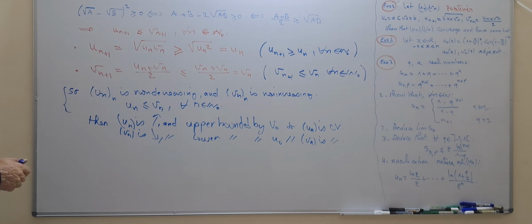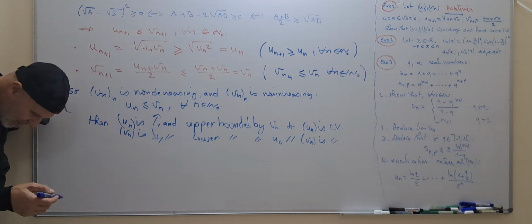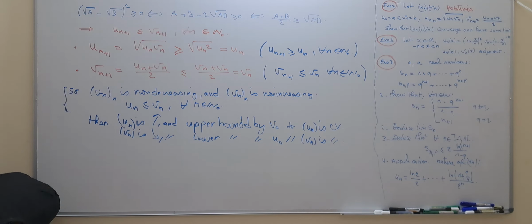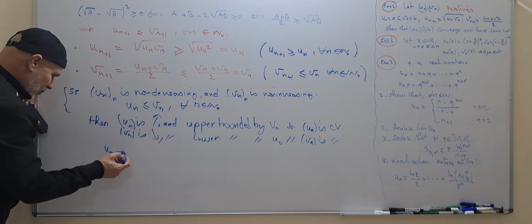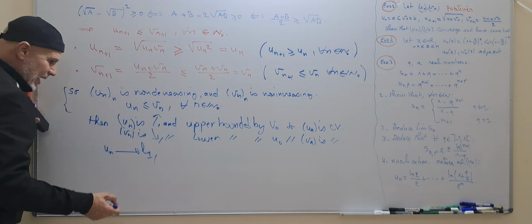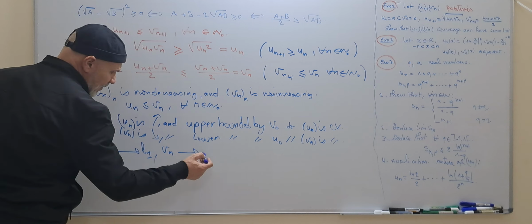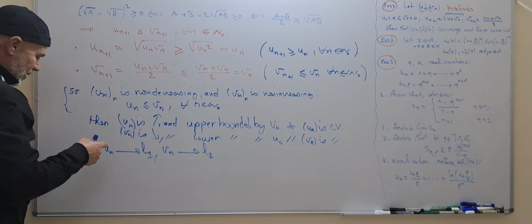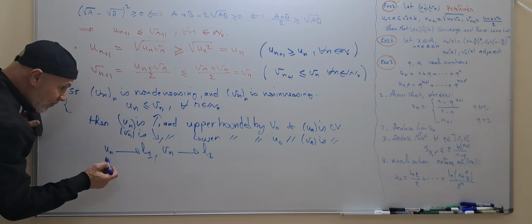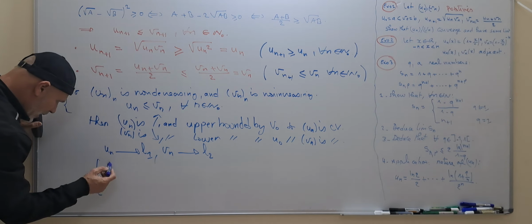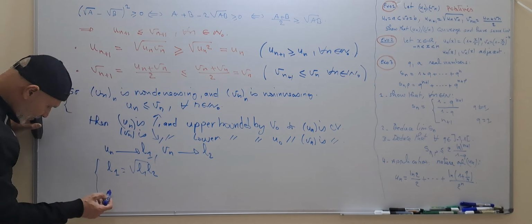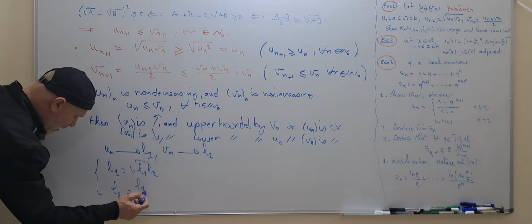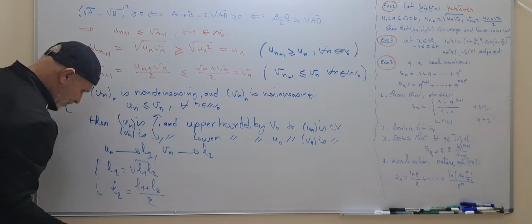How about the limit? Since they are convergent, we suppose that un converges to L1 and vn converges to L2. This will give us L1 equal to the square root of L1 L2 and L2 equal to L1 plus L2 divided by 2.